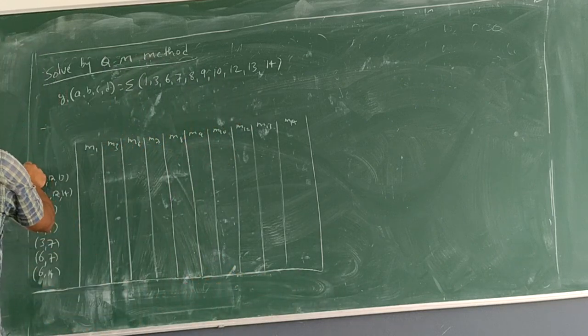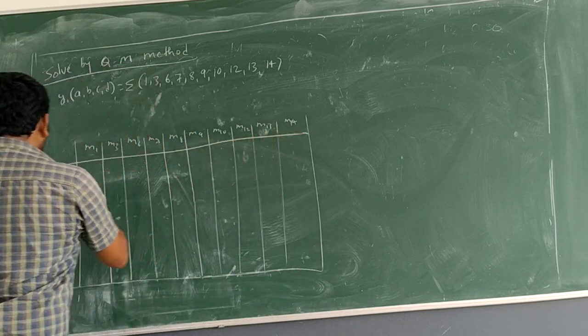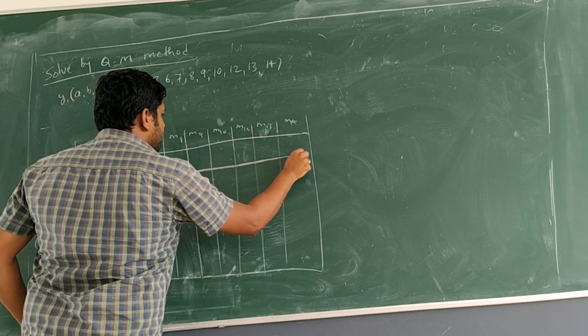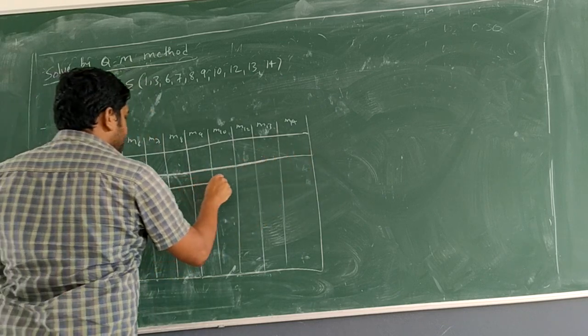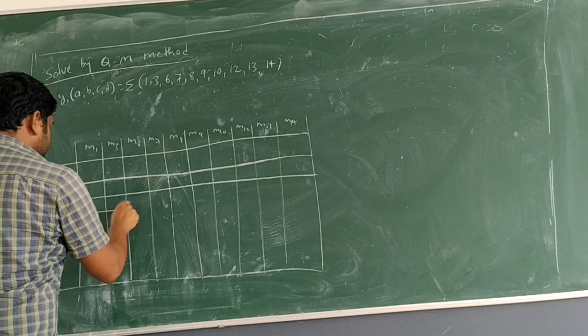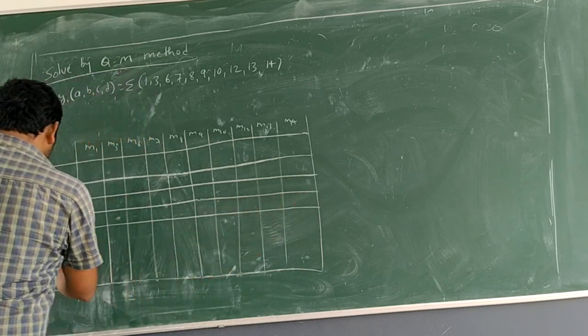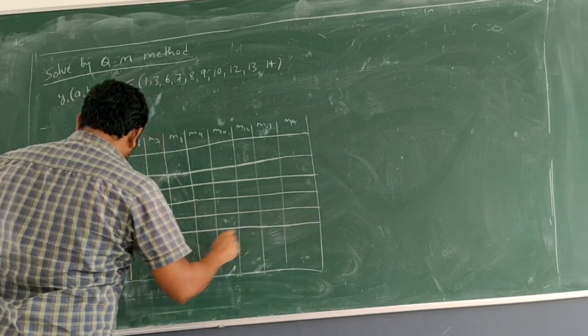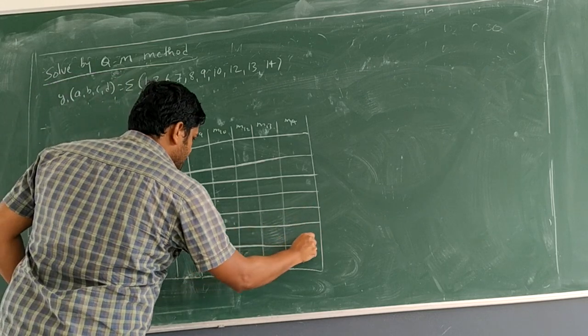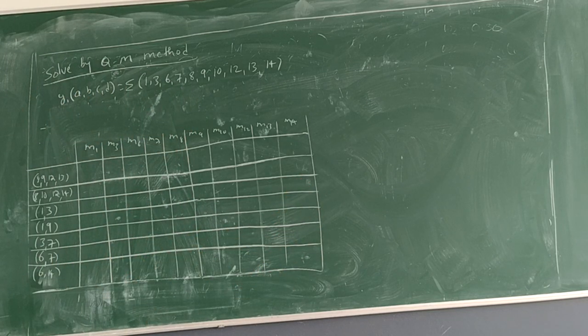Now create the rows. So this is the layout for selection.